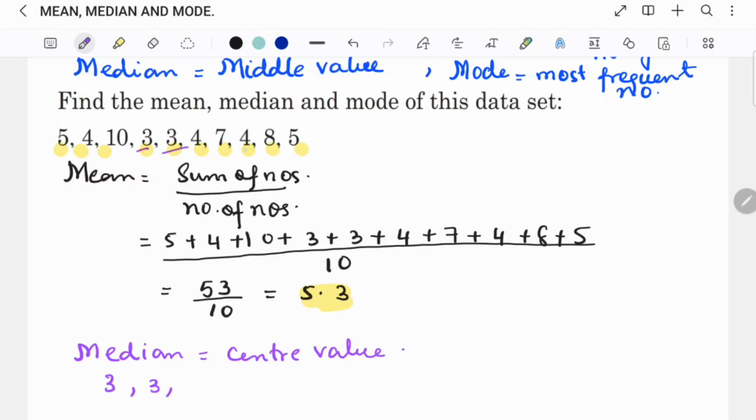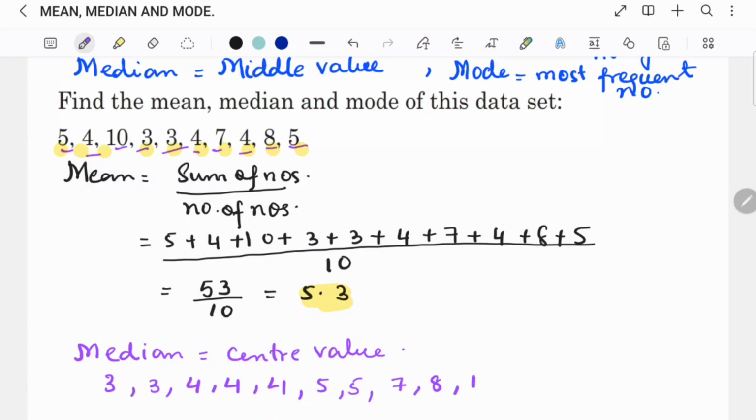Then we have 4, 4 and 4, three times. You can cross off the numbers to identify how many are left. The next number is 5, which also comes 2 times, and then we have the rest: 7, 8 and 10.